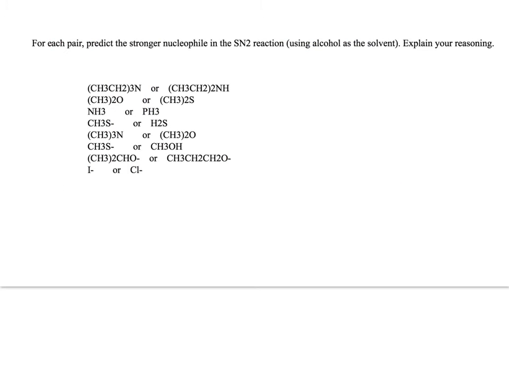Okay, for each pair, predict the stronger nucleophile in the SN2 reaction using alcohol as your solvent. Okay, so between the two, when you draw this out, you'll see that nitrogen here, this triethylamine versus diethylamine.